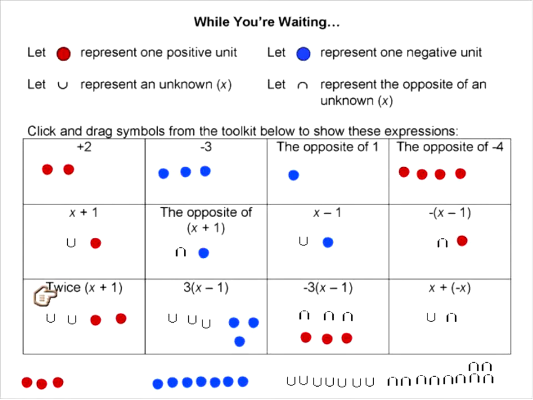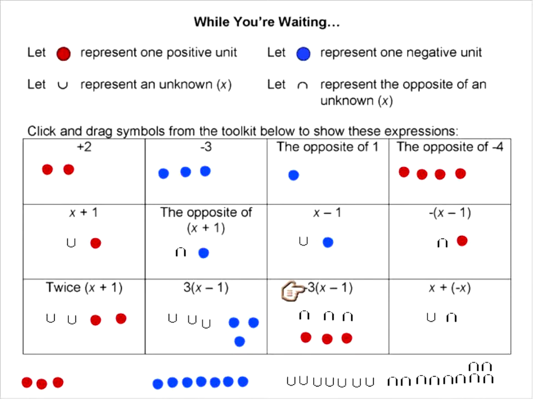And then twice x plus 1, you just have to look at what was right above it and duplicate that amount. And then 3 times the quantity x minus 1. You can look and see what you have for x minus 1 and then just triple that amount.